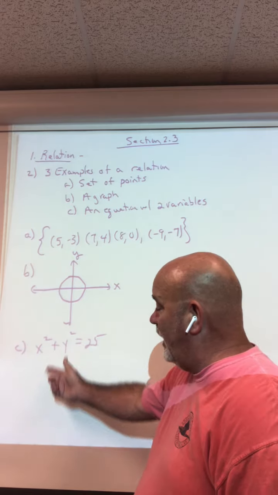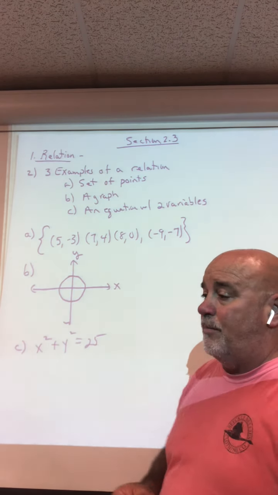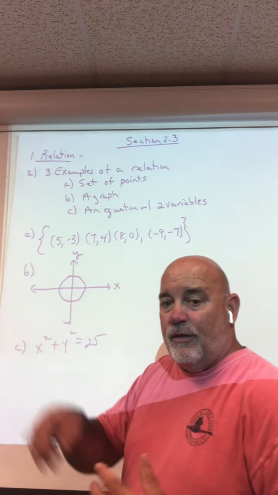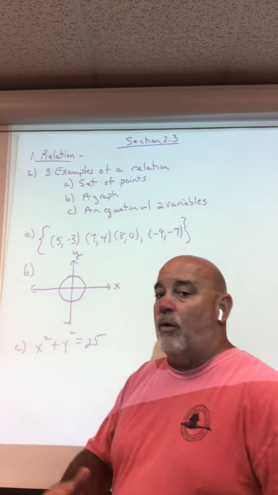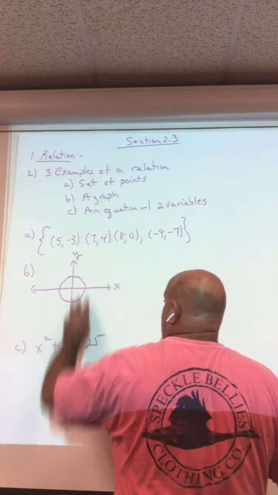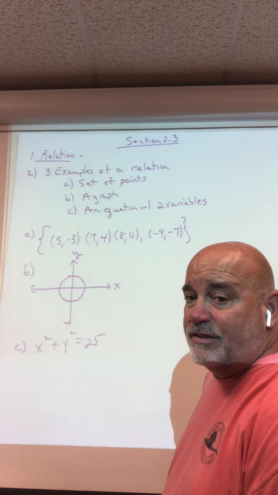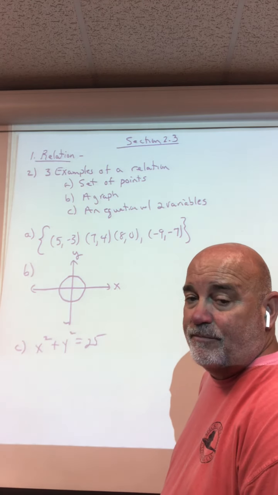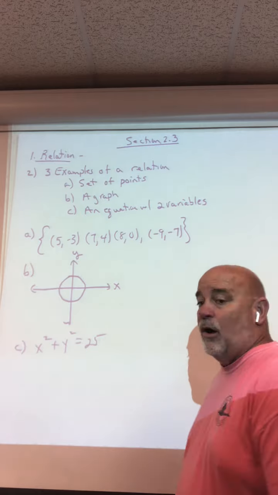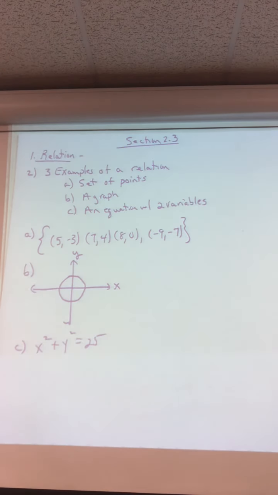So this is an equation with 2 variables, and an equation with 2 variables has ordered pair answers. If you graph those ordered pair answers, you have to plot all of those ordered pairs, and a group of ordered pairs is a relation. So if I was to ask you which of these 3 are relations, your answer should be what? Yes, it should be all of them, because all 3 of these are collections of ordered pairs.